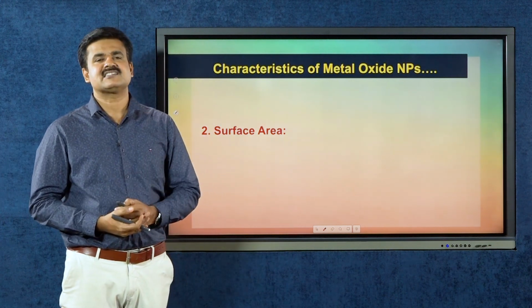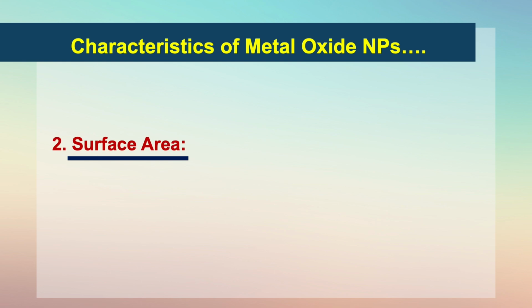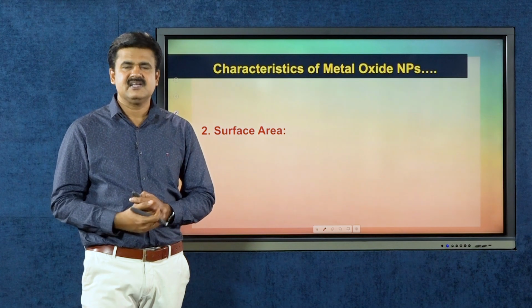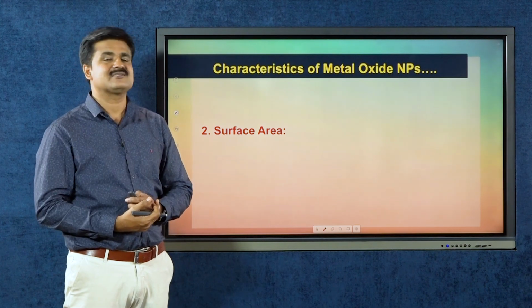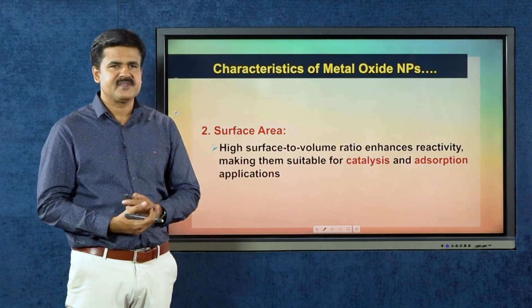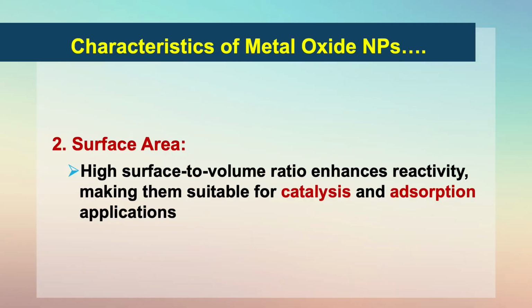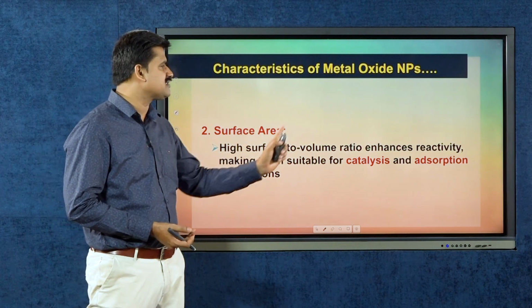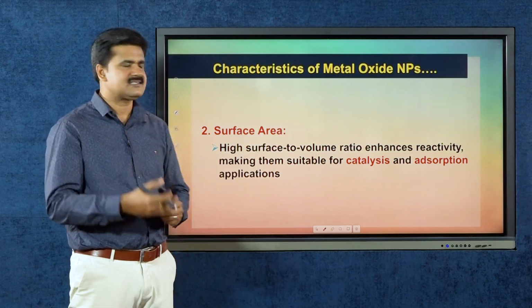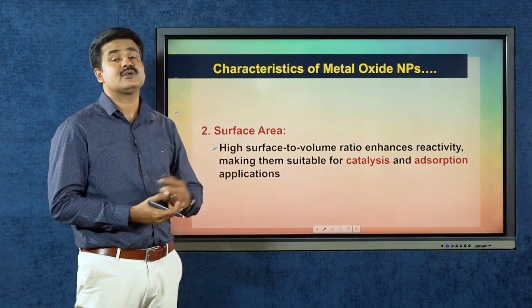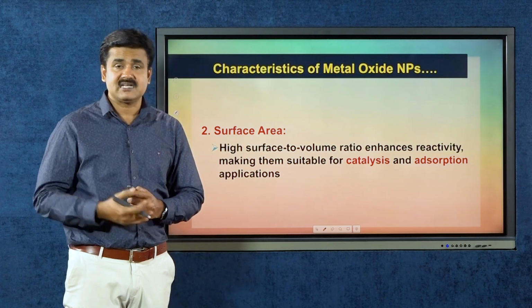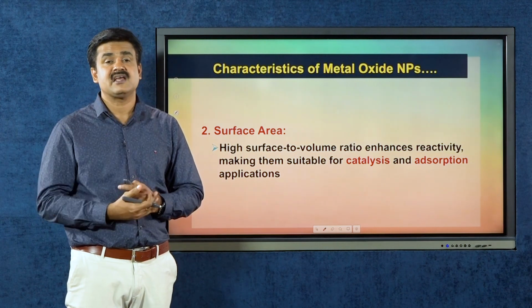The second characteristic feature is their surface area. I mentioned the fact that the metal oxide nanoparticles are associated with very high surface area. High surface to volume ratio is also their characteristic feature. This high surface to volume ratio enhances reactivity and makes them suitable for catalysis, photocatalysis and adsorption applications.